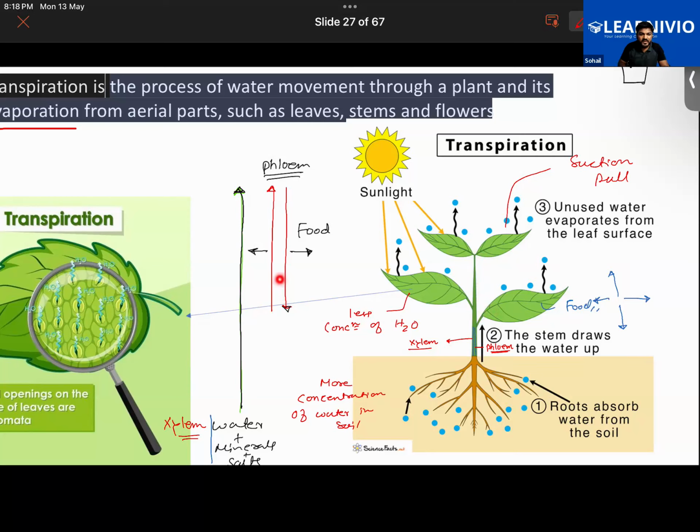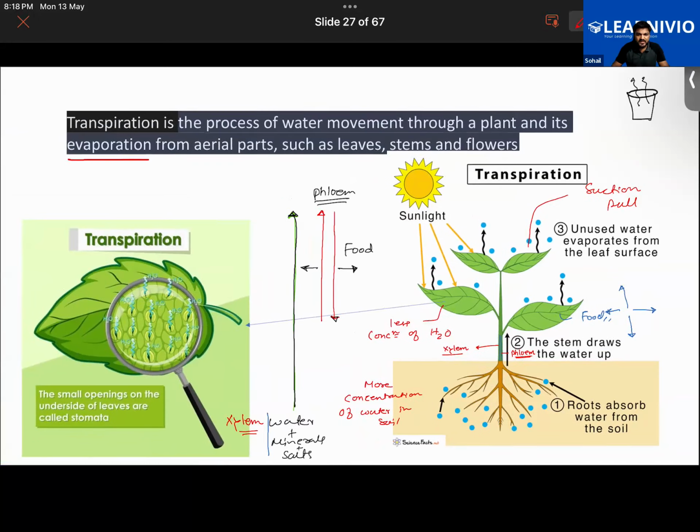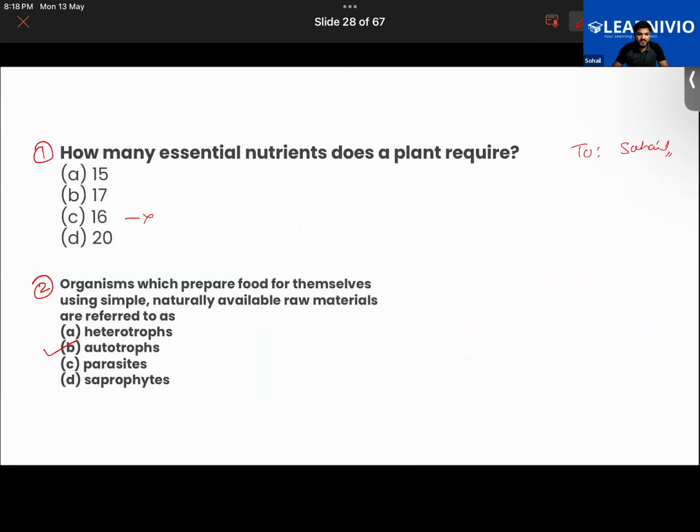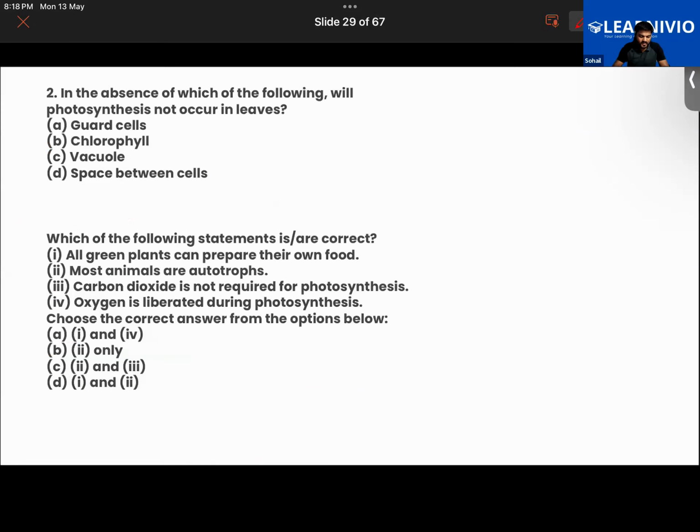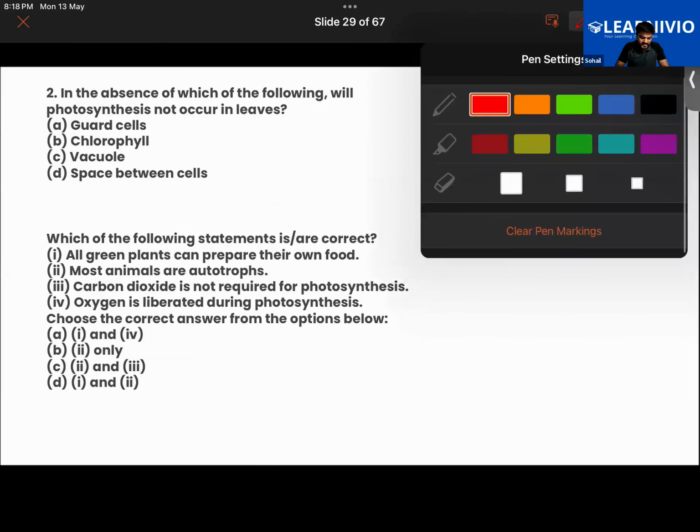It will go in the upward direction in the plant, it will go in the downward direction also, and sideways also. So the pipe that transports food will be called phloem. Is that thing clear or not? Hope you guys are getting this. Fatima, is that clear? Yes, sir. Okay. Now answer this question in the chat box quickly.